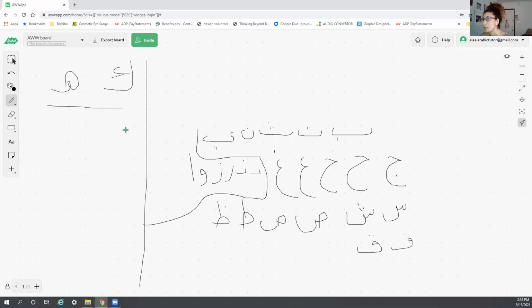Mim, lam, mim, noon, ha, ya, and just lam and mim. Remember how we do these, same idea as everything else. So here's one group, here's another group, another group, and these are just in the end. So about 7 groups we have.